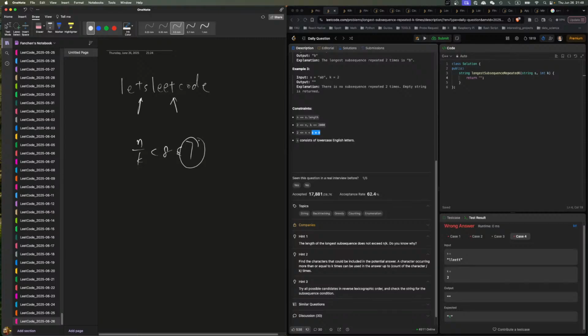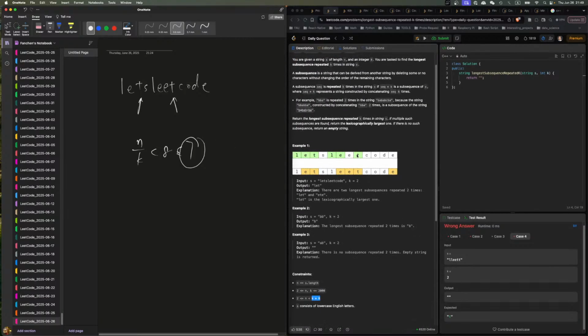But it doesn't really matter, because in this example, S is 12 characters long, right? 12 divided by 2, wow, it's 6. So the longest subsequence cannot exceed 6. So in here, it cannot exceed 7, so it has to be smaller or equal to 7. Okay. Then what do we do?